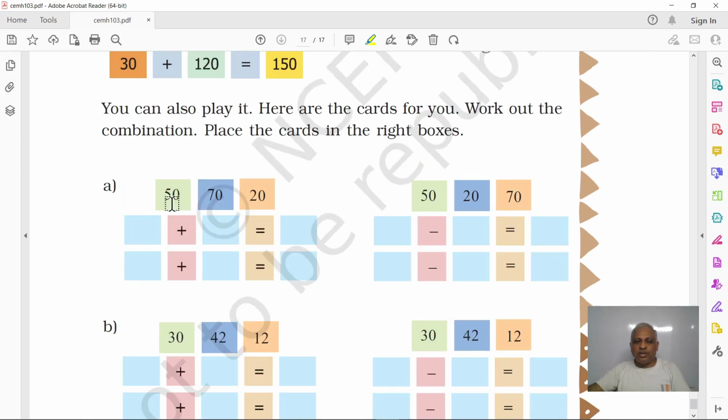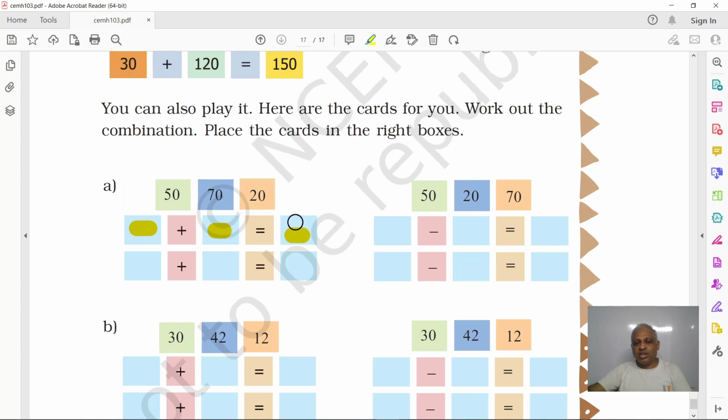So you pick cards 50, 70 and 20 and put them in the blocks where they fit. Okay, so I will tell you an example. So the first number you can keep 50 here. What's the biggest number? It is 70. 70 must be the total sum, right?